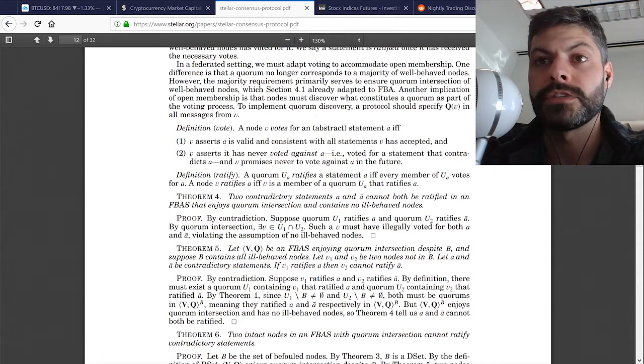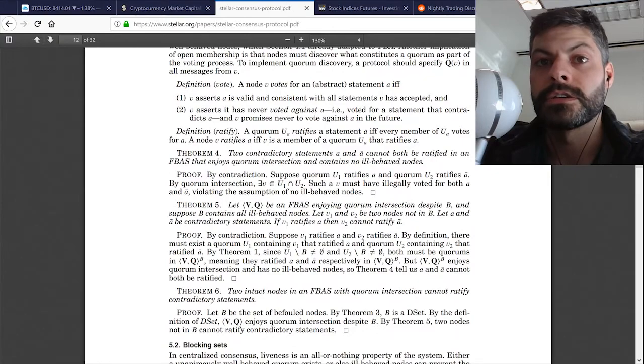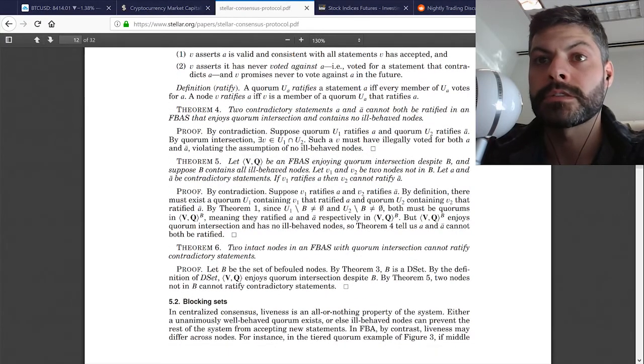Let V1 and V2 be two nodes not in B. Let A and A' be contradictory statements. If V1 ratifies A, then V2 cannot ratify A'. See proof below on page 12. Theorem 6. Two intact nodes in an FBAS with quorum intersection cannot ratify contradictory statements. See proof below on page 12.